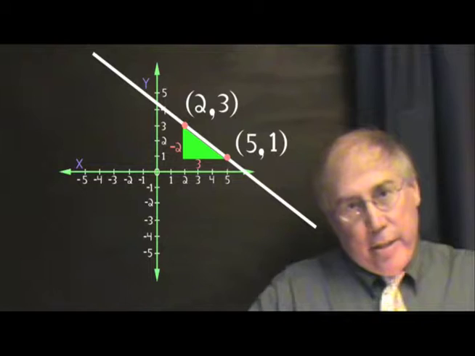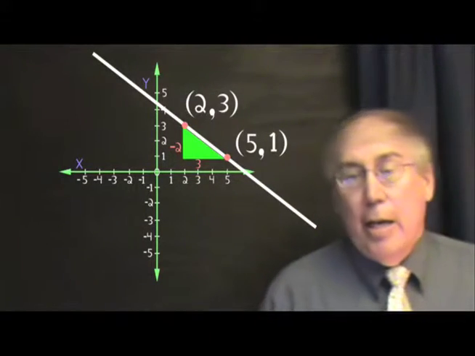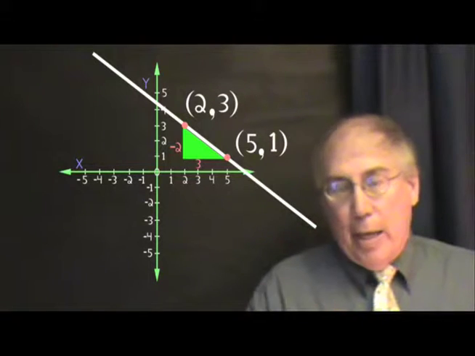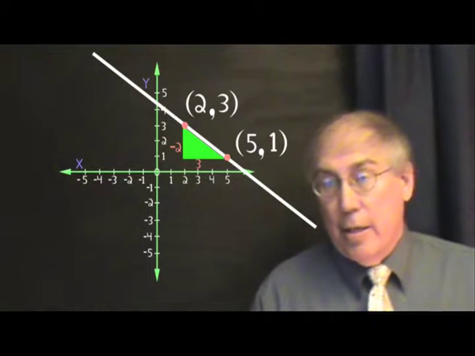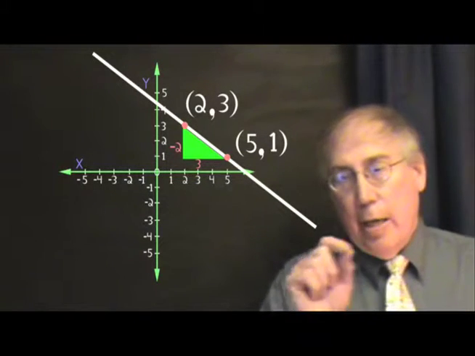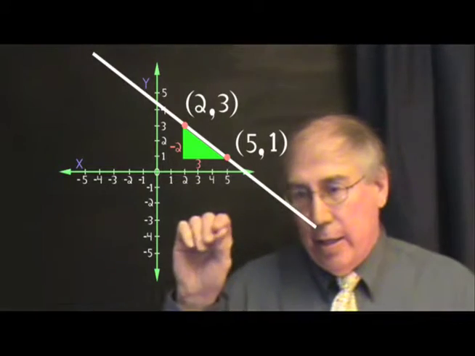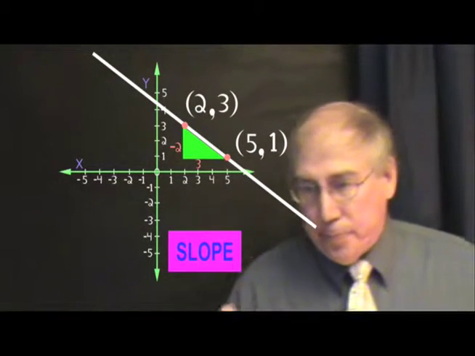Now here's a line that's sloping in a negative direction, sloping to the left. Let's mathematically find the slope of this line here. So let's subtract the y values, 3 minus 1. That will go in the numerator.